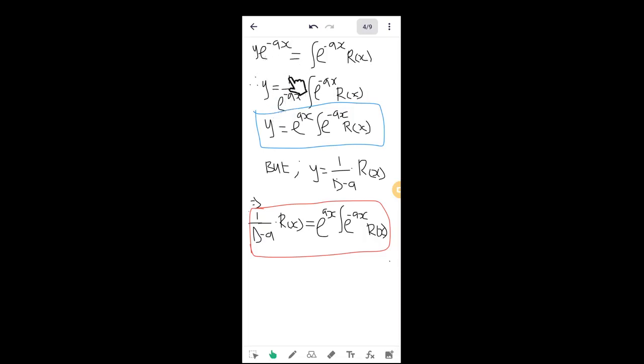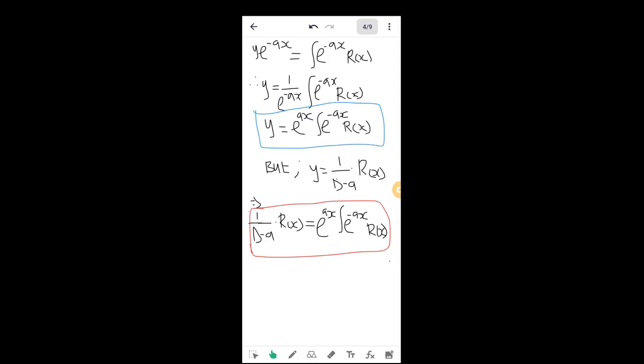So I get 1 over e to the power minus ax multiplied by the integral of e to the power minus ax r of x. Then this e to the power minus ax, when it goes to the top, becomes positive, so it becomes e to the power ax multiplied by the integral of e to the power minus ax r of x.